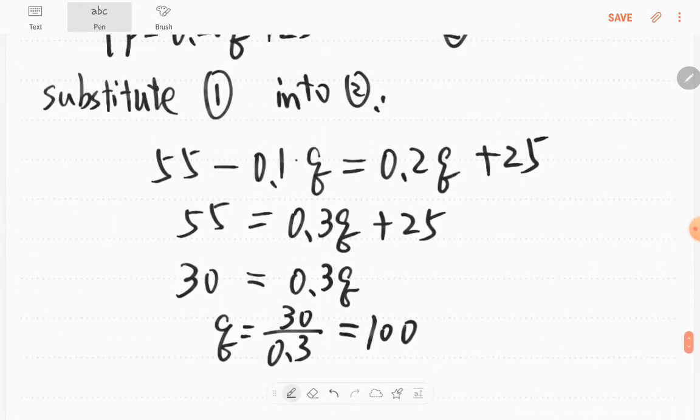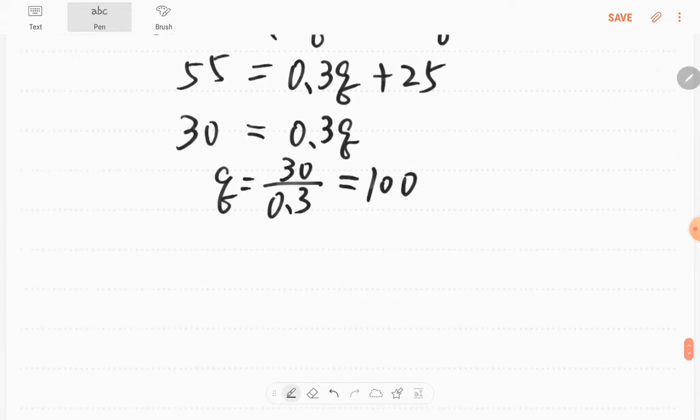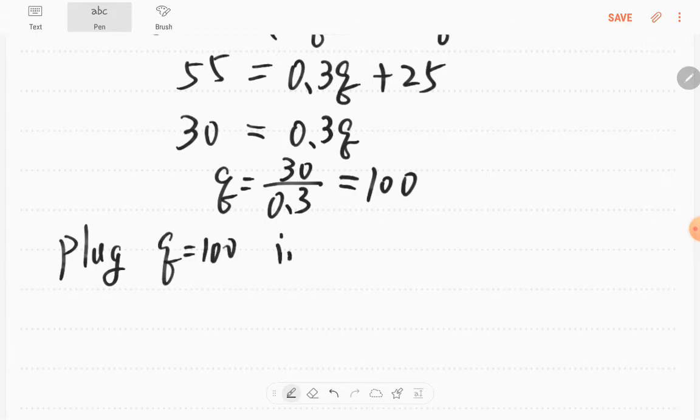So what is the price? We can plug into any equation we want. For example, we plug Q equals 100 into the first equation.